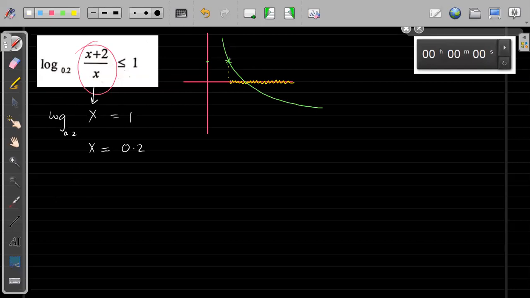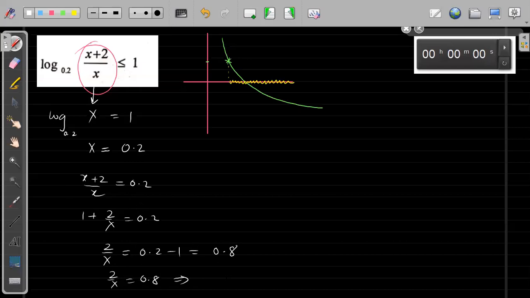And what is the value of capital X? Capital X is x plus 2 by x equals 0.2, right? So now I will check what the value of x is. If I separate this, it will be 1 plus 2 by capital X equals 0.2. Taking the 1 to this side, 2 by capital X equals 0.2 minus 1, which is minus 0.8.